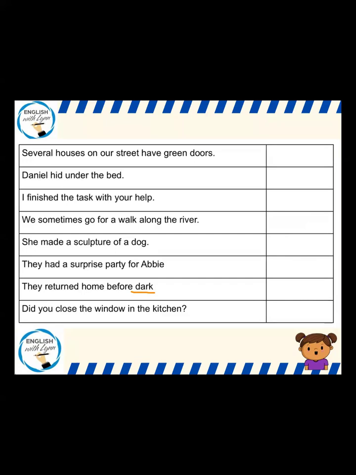So I could say they returned home before the film had finished or before it was dinner time. So in that case, I have a verb in that part. And I wanted to mention that because some of the prepositions that you come across, because is a preposition, it is also a conjunction. Before, after, since, many of them have two different jobs.